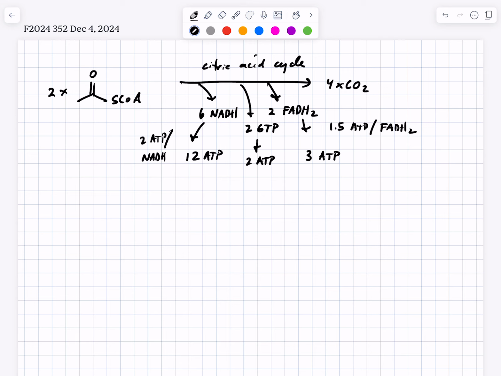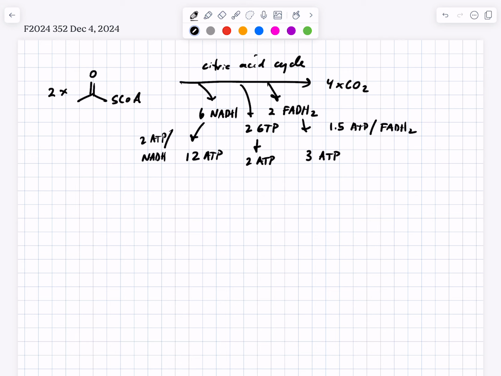Okay, it's 2.5 is the number, I guess. I knew that sounded low. It's about 2.5 ATP. So that comes out to about 15 ATP from the NADH. Let me check my notes there. Yeah, pretty close. Okay, we're good.